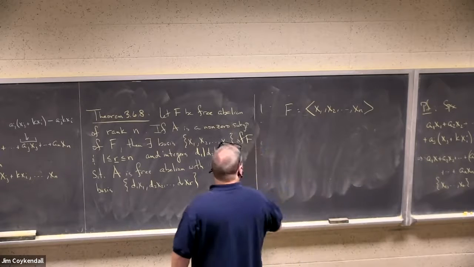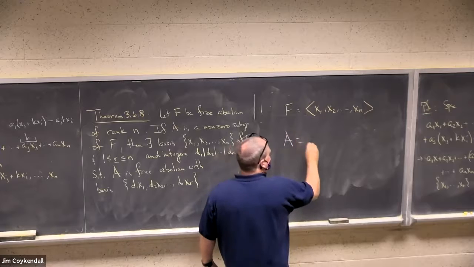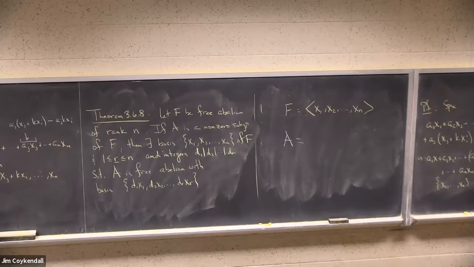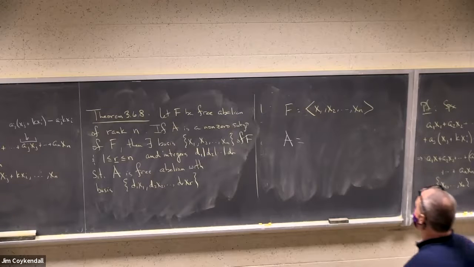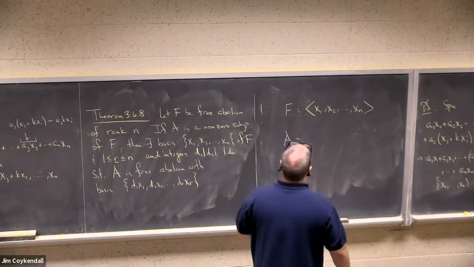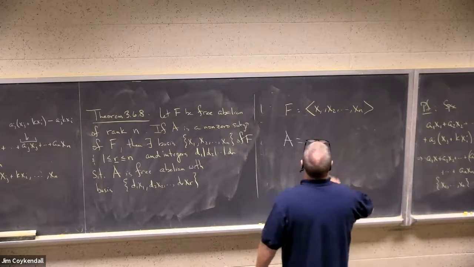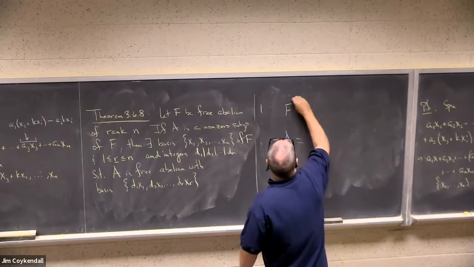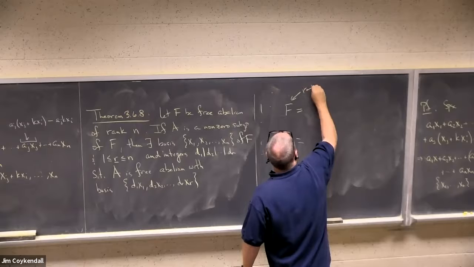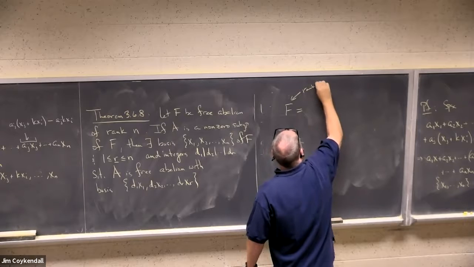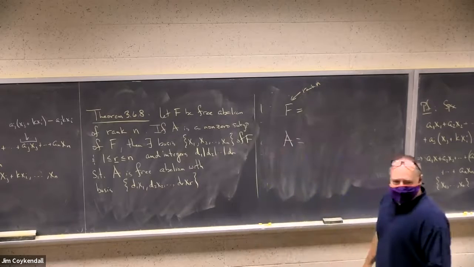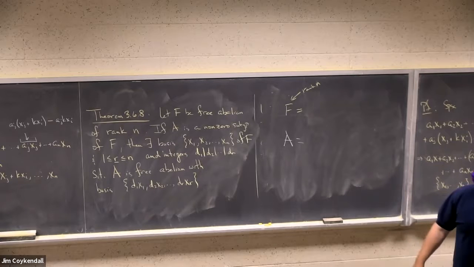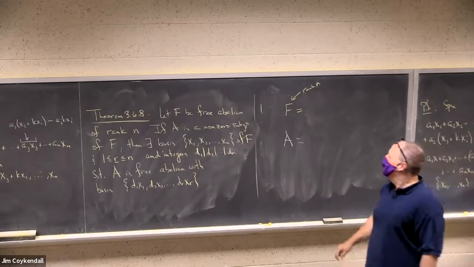Now, you go sniffing around, and you find some other abelian group A inside, not zero, because zero is silly. So you've got some free abelian group, any basis has n elements in it. You find some subgroup.